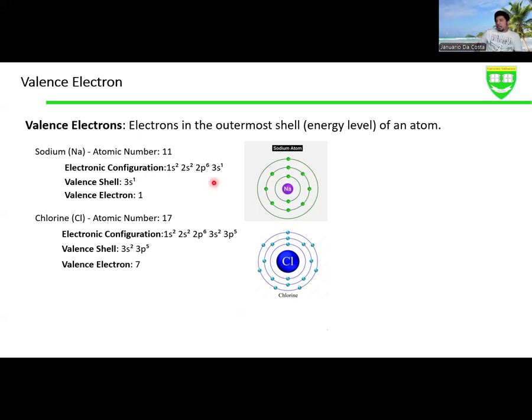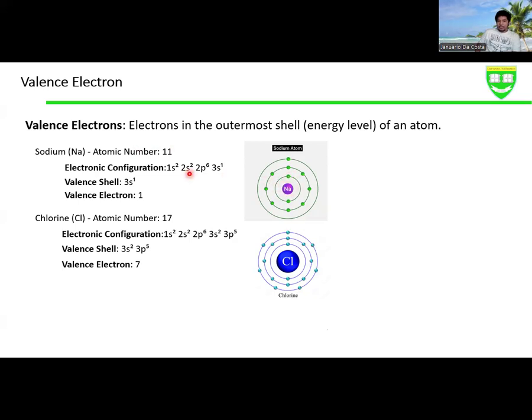Okay. Now, if you look at the sodium atom, how many atomic number does it have? You have 11, yeah? You can get this in the periodic table, by the way. Now, if you look at the electronic configuration of the sodium atom, you will see that you have 1s2, which is 2 electrons in the first energy level. This is this circle over here.